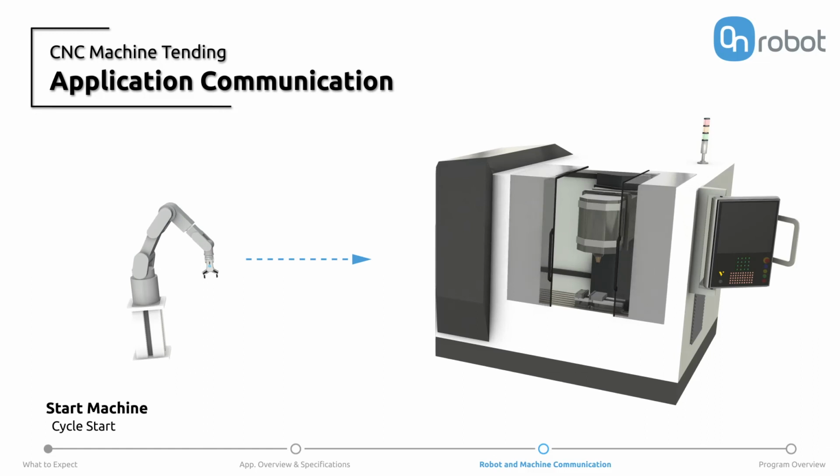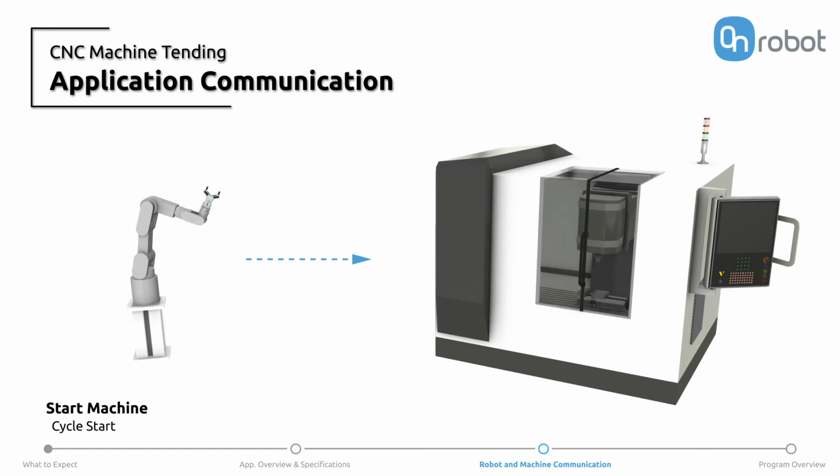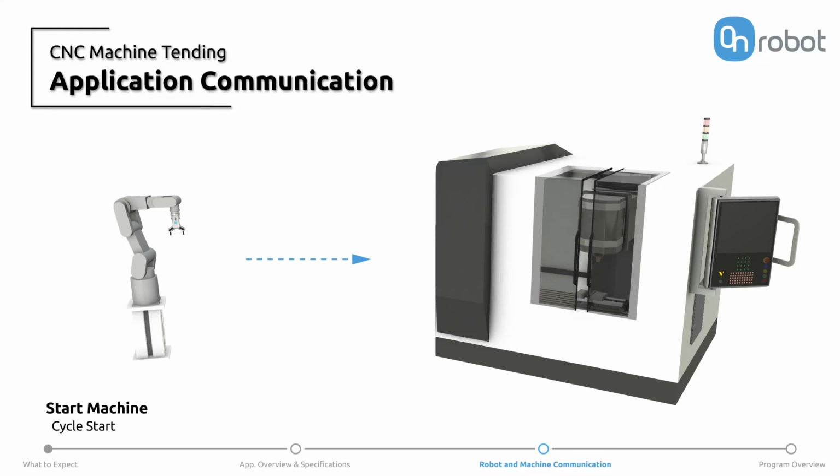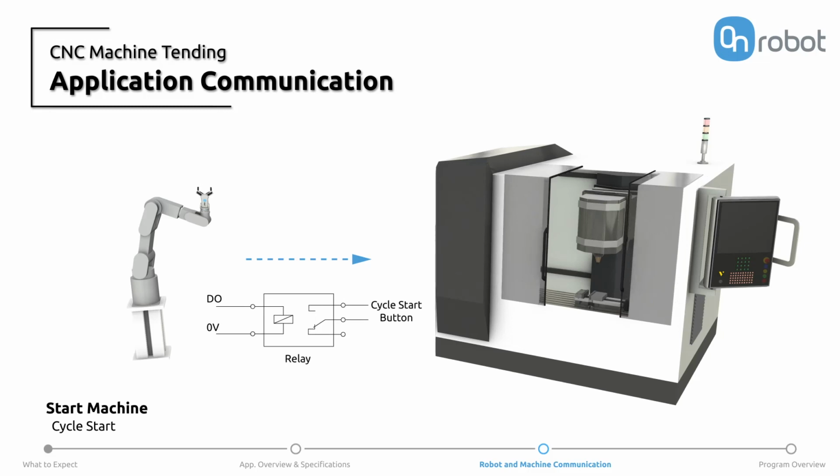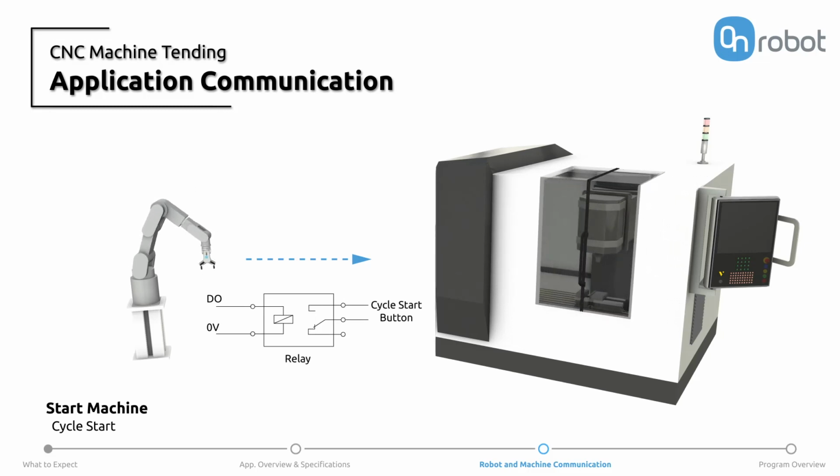And third, and most common strategy, is to use a relay to connect a robot signal in parallel to the machine's cycle start button. This allows for the button to be used as normal by the operator or for the robot to emulate a button press to start cycle. As a final note, remember that relays need to be used between the robot and machine signals. Shown is a simplified diagram of the cycle start connection.